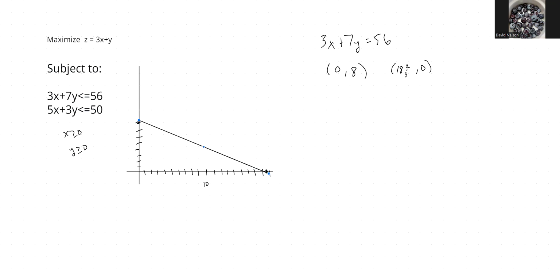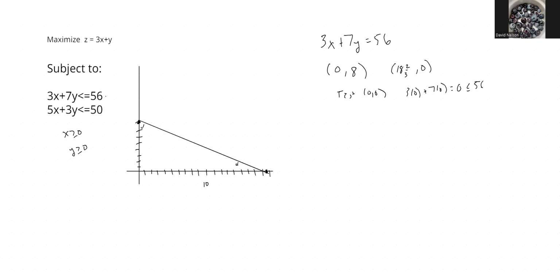And then if we check with a test point, if I try 0, 0, I get 3 times 0 plus 7 times 0, which is just 0, and 0 is definitely less than 56, so that's true. So I want the 0, 0 side of this line, so I'm looking at points down there.